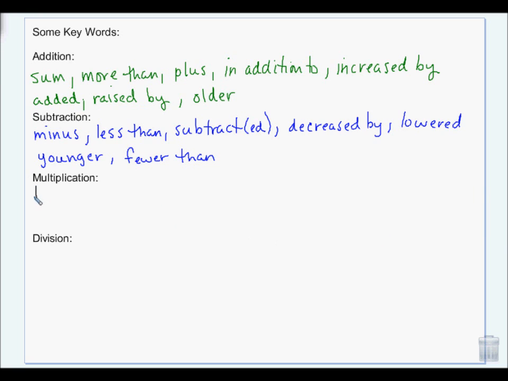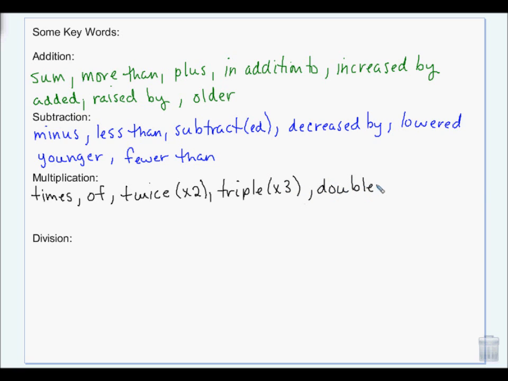Multiplication. Obviously the word times. Also the word of. Of means to multiply. We have special words for multiplication. Twice means to multiply times 2. Triple, you're going to multiply by 3.